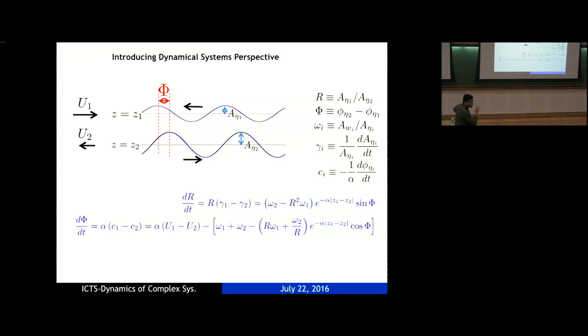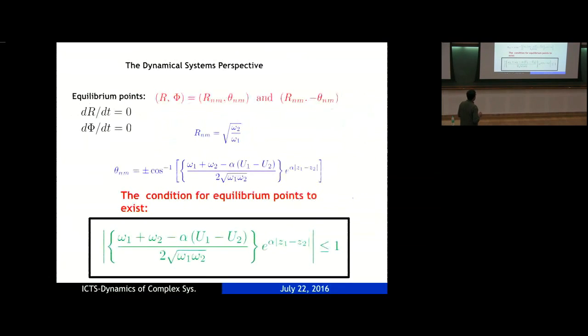So somehow I move from the wave theory towards a dynamical system theory. And what I will be first looking at is the equilibrium points. That's the first thing to do. And we have two equilibrium points, given by this and that.